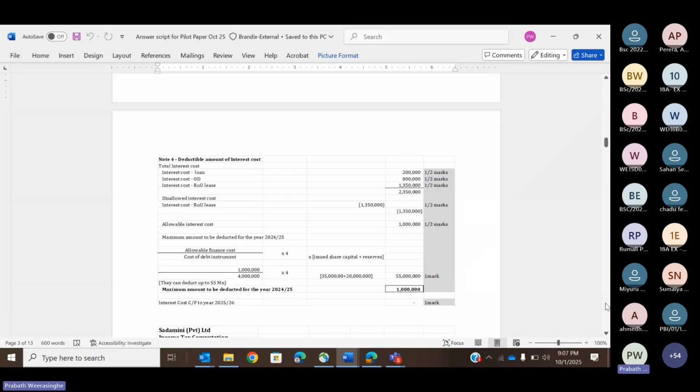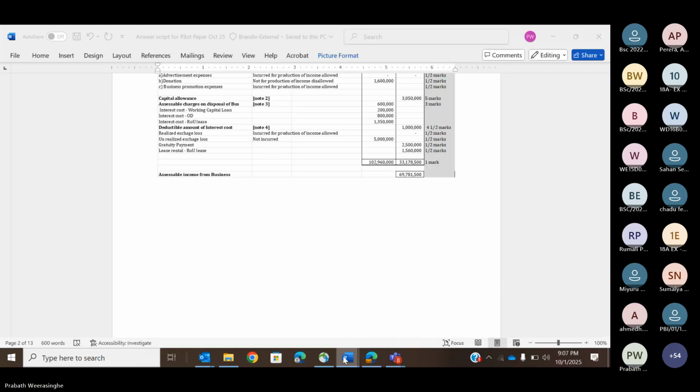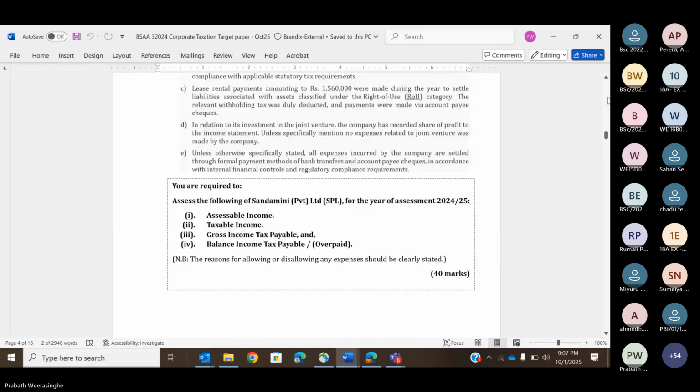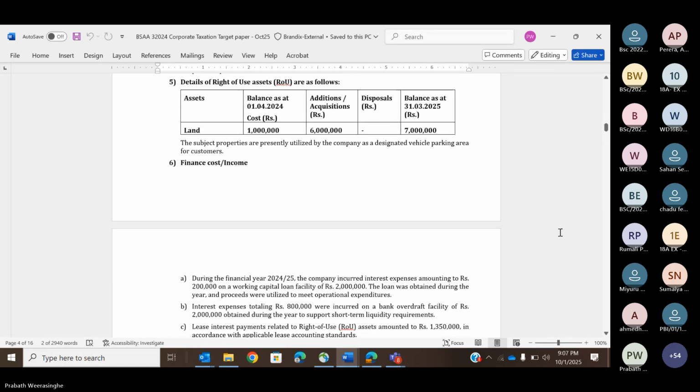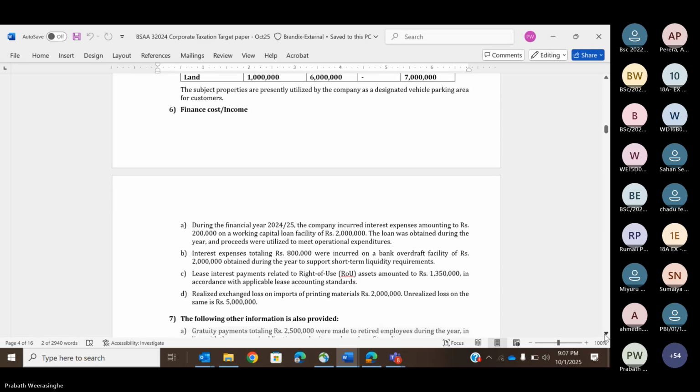It's not 4 million, it's 1 million. Below that 1 million, there's a 4 million cost of debt instrument. That should be given in the question. Loan amount should be given in the question. Loan capital and how much they have paid, it should be there. Is that 2 million?